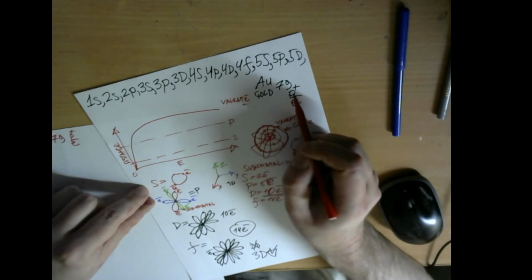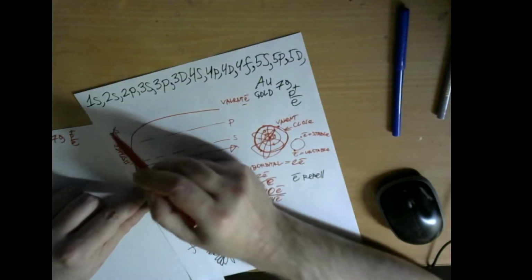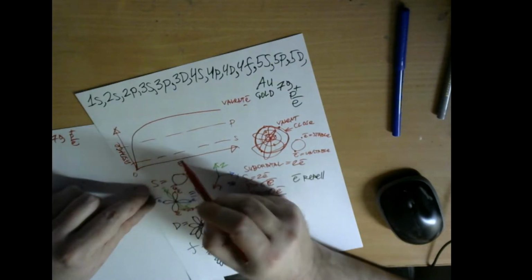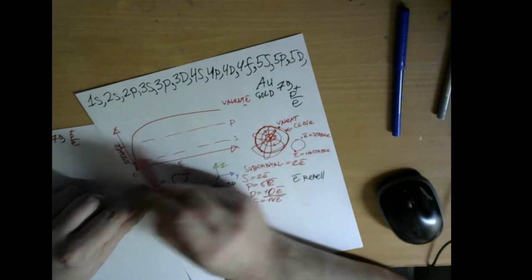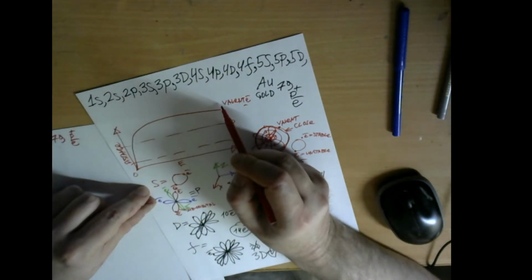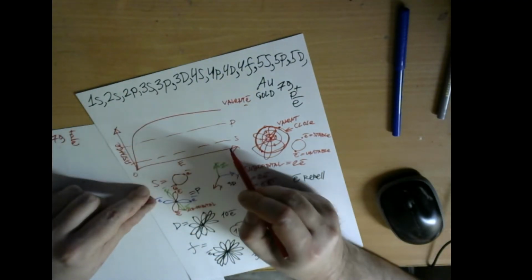Gold, 79 protons and electrons, and here is the distance versus energy of the orbitals. You see S orbital, P orbital, the distance zeroes out while the energy grows.